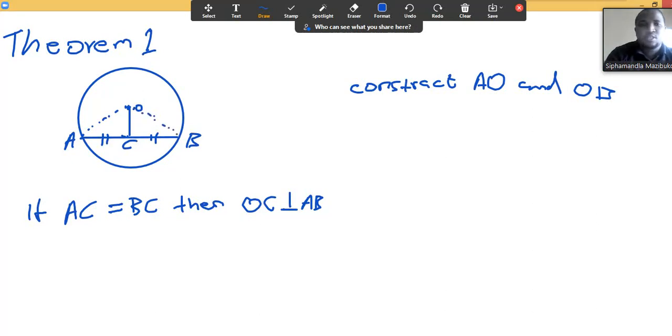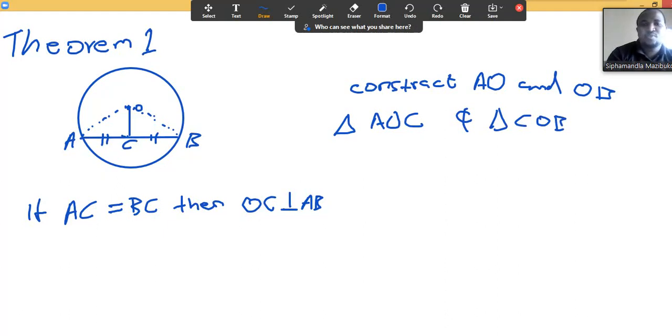After constructing AO and OB, we now have two triangles. We have a triangle AOC and a triangle COB.